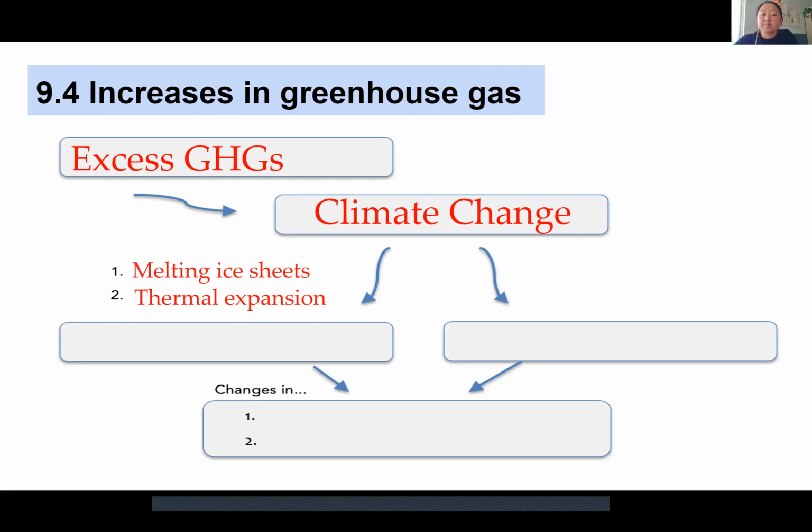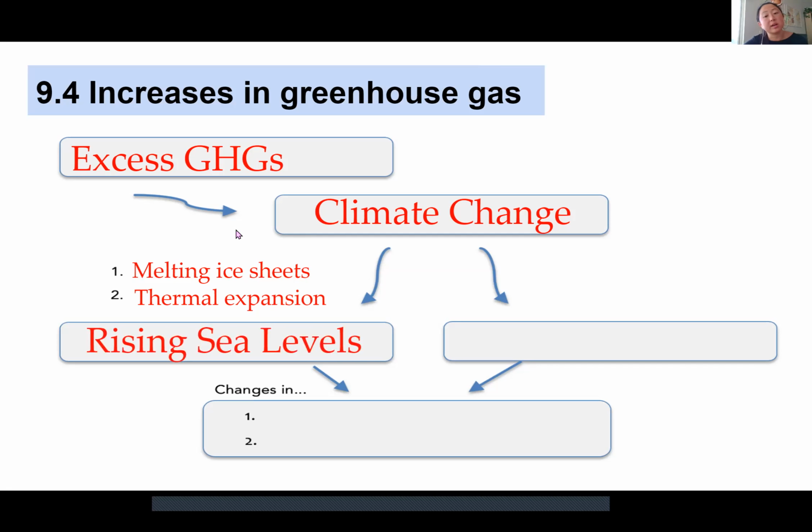There's going to be thermal expansion, meaning when something is frozen or in solid form, it's going to take up less space than something that is in its liquid form. As the ice melts and it becomes liquid, it takes up more space, right? And I think we'll examine that concept.